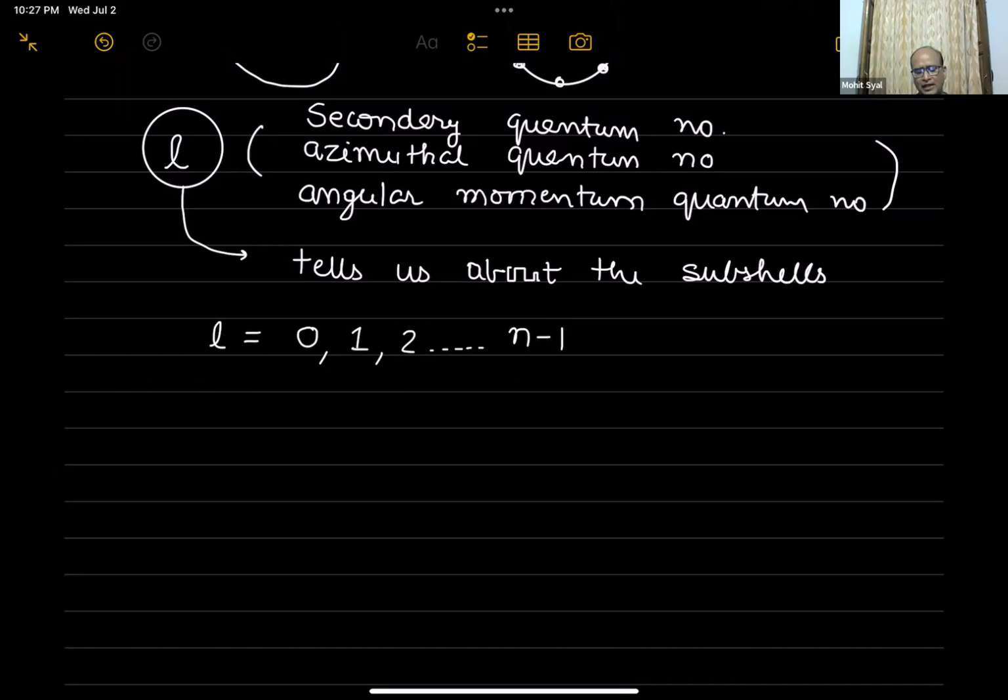Subshells are represented by numbers and letters, just like the shells. The subshell number starts from 0 and stops one value before n. S, P, D, F.